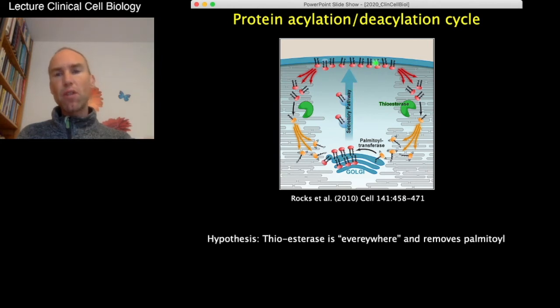And this is now the cartoon model of why you see predominantly plasma membrane labeling and Golgi labeling. And so the idea is that this thioesterase is some kind of control mechanism that modifies mislocalized molecules to bring them either to the Golgi or the plasma membrane.